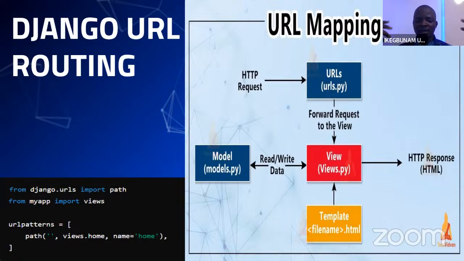So you first visit the URL, then the view uses models.py to query the database, gets a response, and then provides it to the front end, which is my template. It is made of HTML and static files like images, CSS, JavaScript, and other CDNs. And that's that for URL routing.